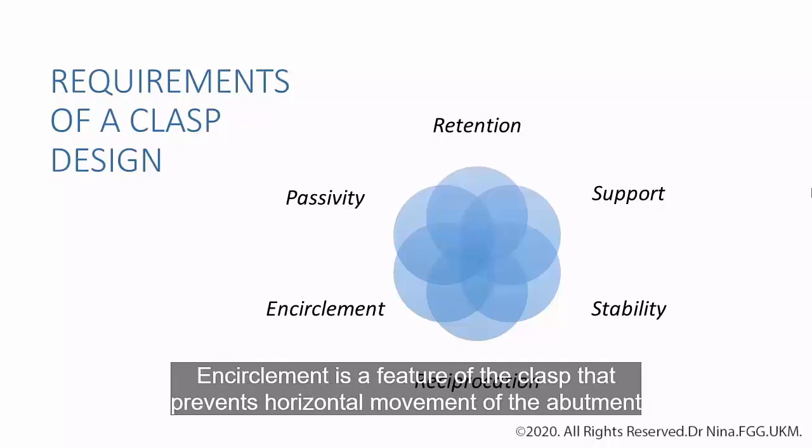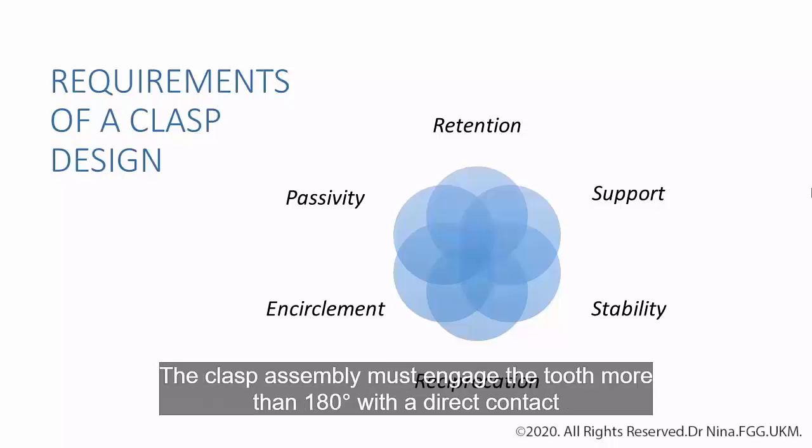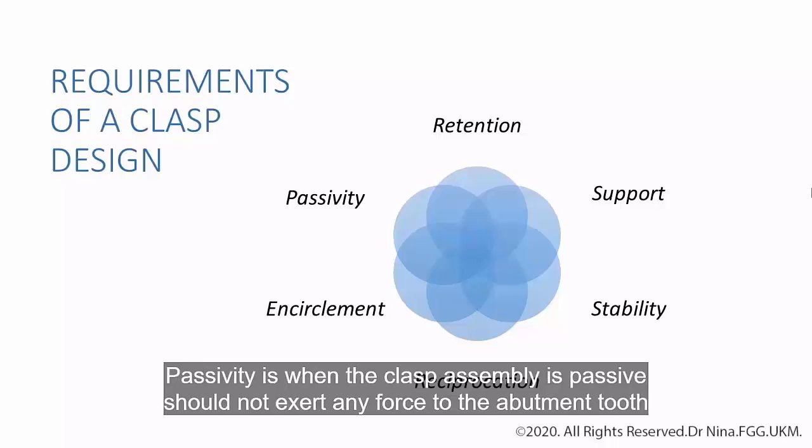Encirclement is a specific feature of clasp assembly that prevents horizontal movement of the abutment. The clasp assembly must engage the tooth more than 180 degrees with a direct contact. Passivity is when the clasp assembly should be passive and should not exert any force on the abutment tooth.